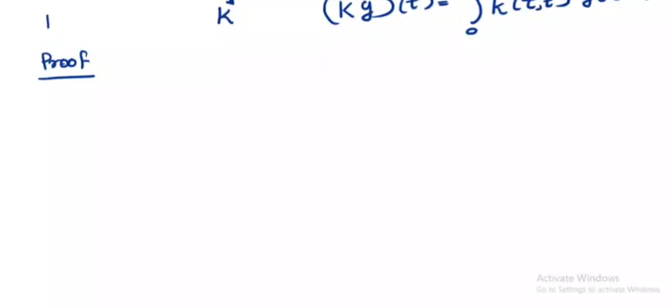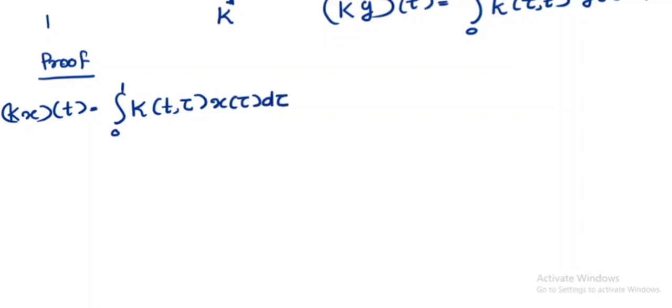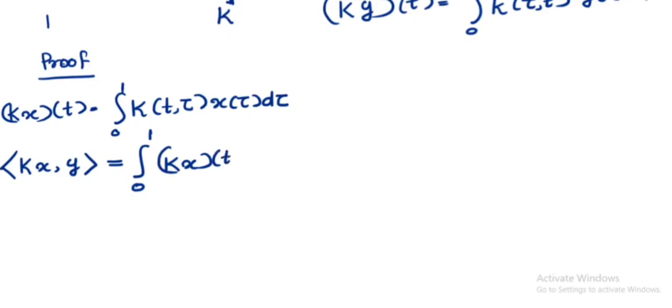We have defined, by definition, Kx of t is equal to the integral from 0 to 1 of k(t, tau) x(tau) d tau. Clear? Now what about the inner product of Kx and y? By definition, the inner product on L2 is the integral from 0 to 1 of Kx(t) y(t) conjugate dt.